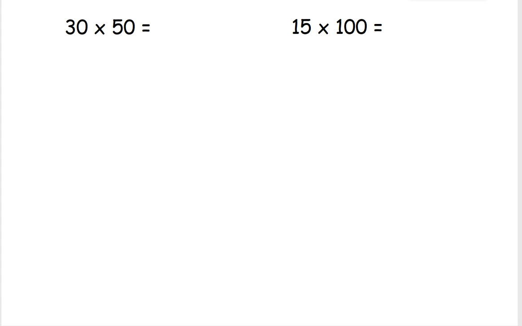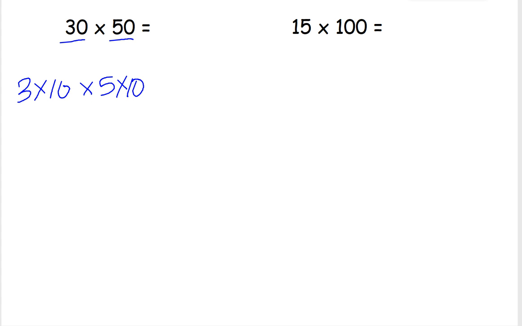So we're going to start off by multiplying 30 times 50. We're going to first do this using mental computation. So I know that 30 is 3 groups of 10, and 50 is 5 groups of 10. So 30 times 50 is the same as 3 times 10 times 5 times 10. Okay?